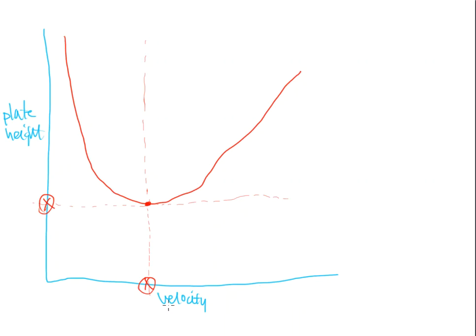Those values are very important because what this minimum does, this parabola, is that if it crosses the x-axis, wherever that number is at, that will give me an optimum value. And that optimum value is the optimum velocity or the flow rate that I should be using in my chromatography system.